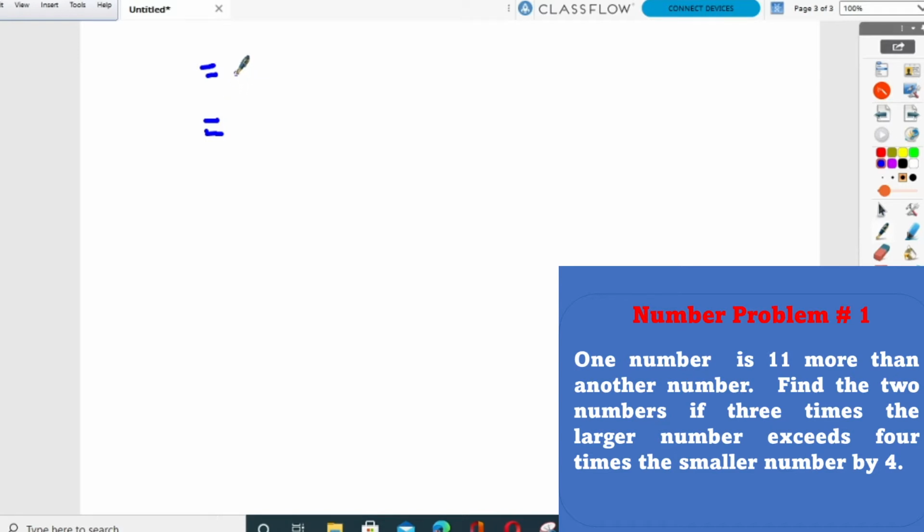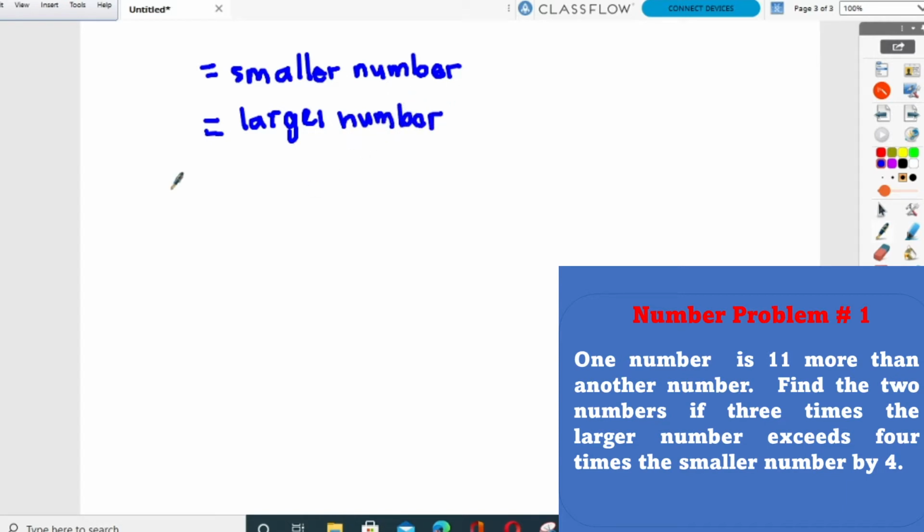So you have to assign the name for the one number, the smaller number, and the other one is the larger number. All right, the next question is what variable should I use?